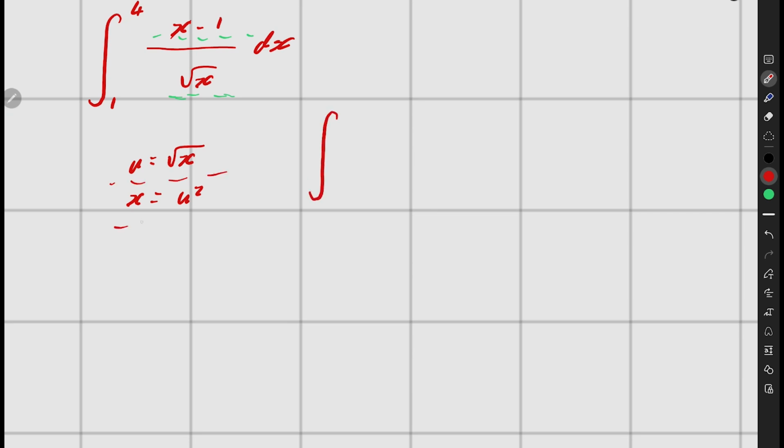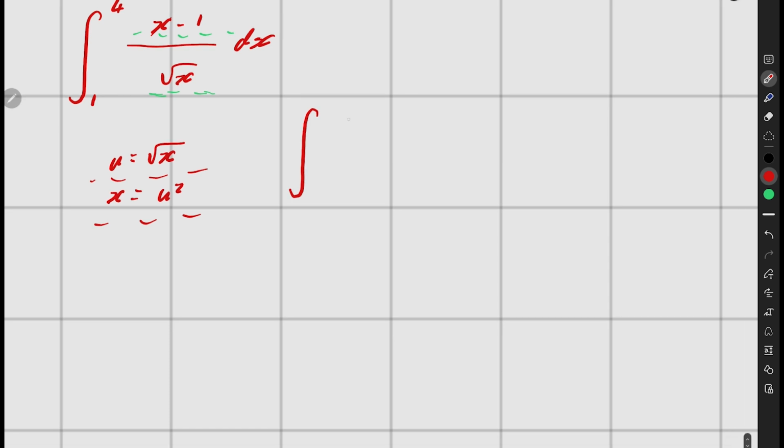So this is what u is, and we also know what x is equal to. If x is equal to u squared, we can write it down as u squared minus 1, divided by u, because u is equal to the square root of x, with 4 and 1 as our limits.